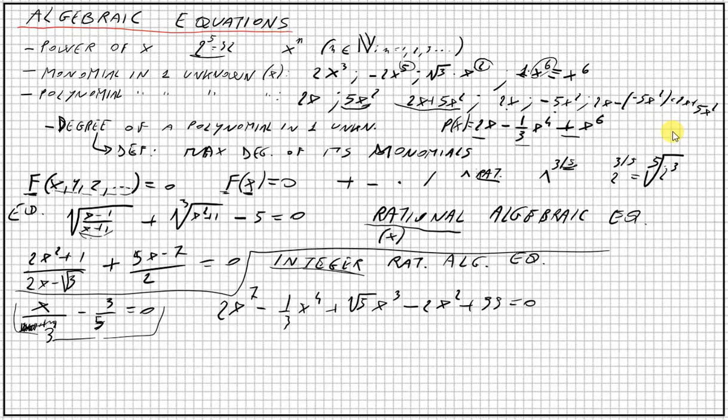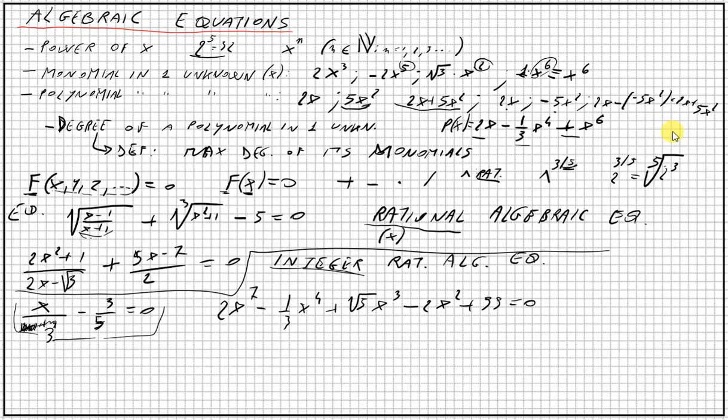Yes. It is algebraic because the only operations executed on the variable x are the 4 operations, so plus, minus, multiplication, division, and powers of rational exponents. So it is algebraic. It is rational because all the exponents are integer.